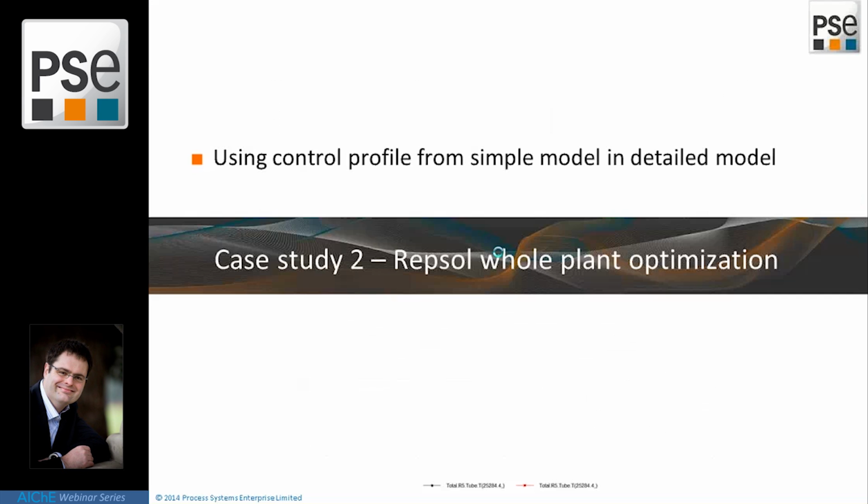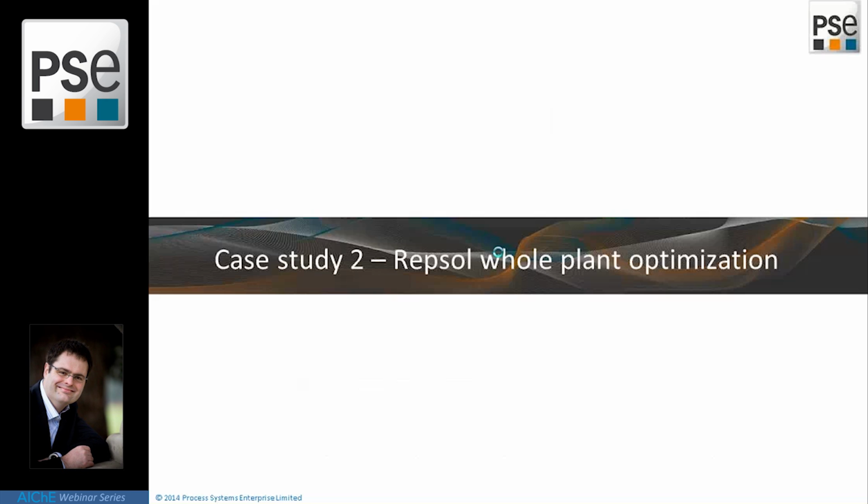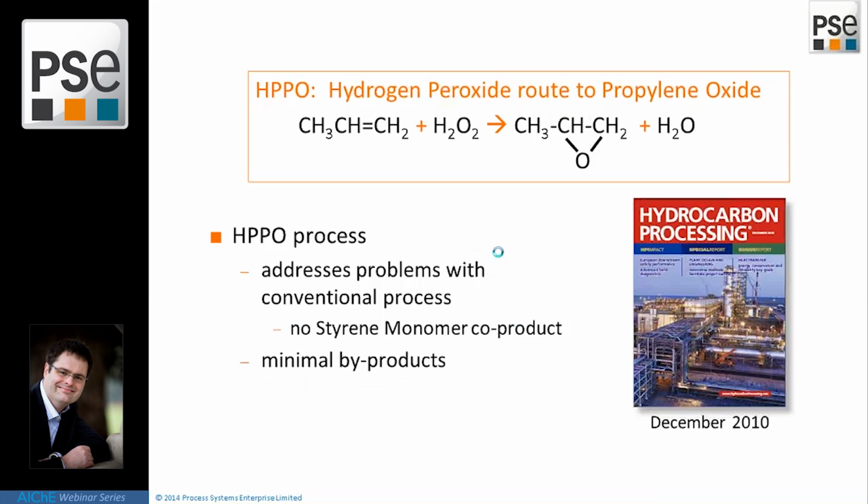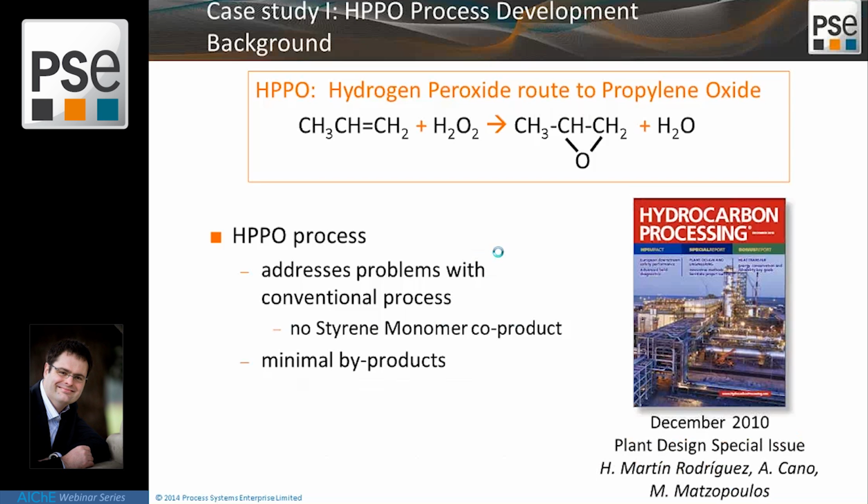That brings me to the second case study, which is a Repsol whole plant optimization, where we included the detailed modeling and the validation of this particular model. So in this process, we are looking at hydrogen peroxide route to propylene oxide.